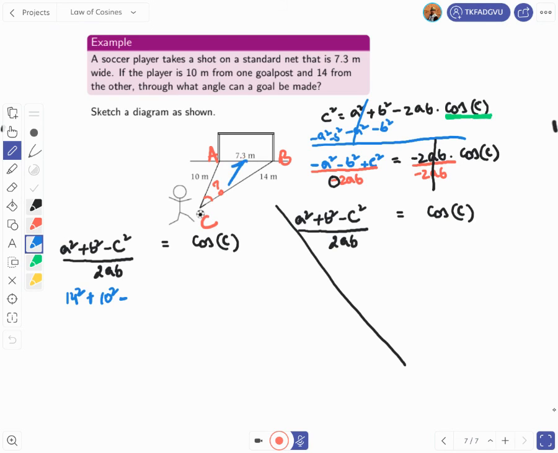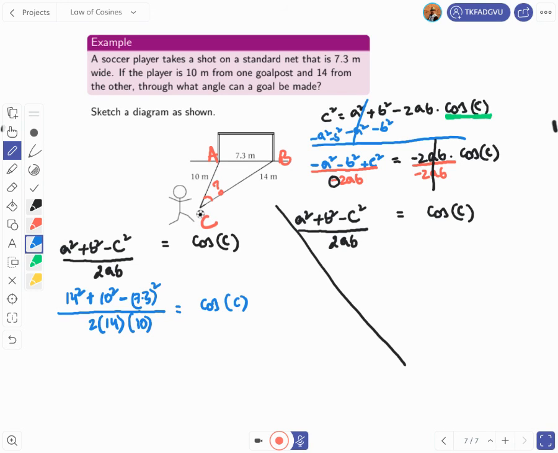That is 7.3 square. The denominator is 2AB. So 2 times A value we have taken as 14 and B value is 10. So 2 times 14 times 10, that's the value of cos C.